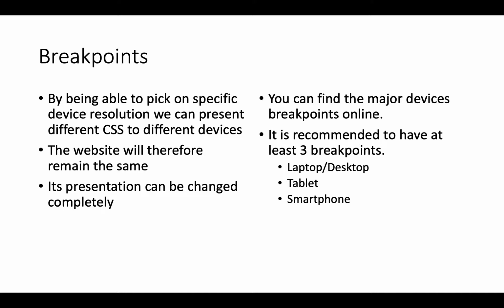Usually you would have maybe 2 breakpoints, depending on how a website is designed. You can have 1 breakpoint in terms of width, for example, for your smartphone or smaller devices, 1 for the tablet or similar medium-sized devices, and the default one for the laptop or larger devices.